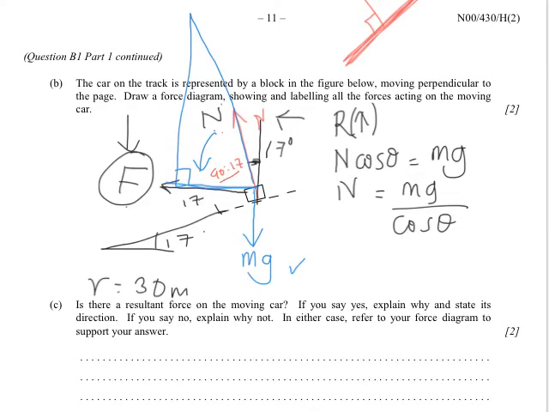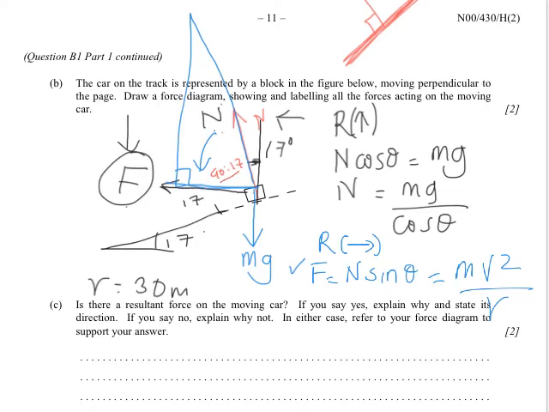So resolving horizontally, F equals N sine of the angle, and that will be equal to mv squared over r. Because remember, after all this, we've still got to find v.